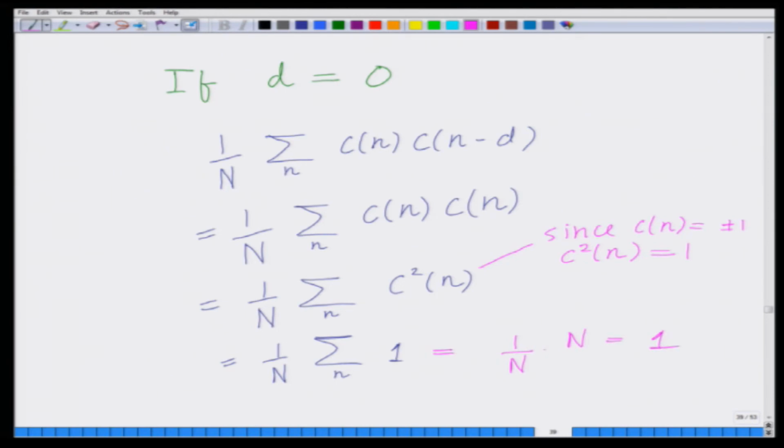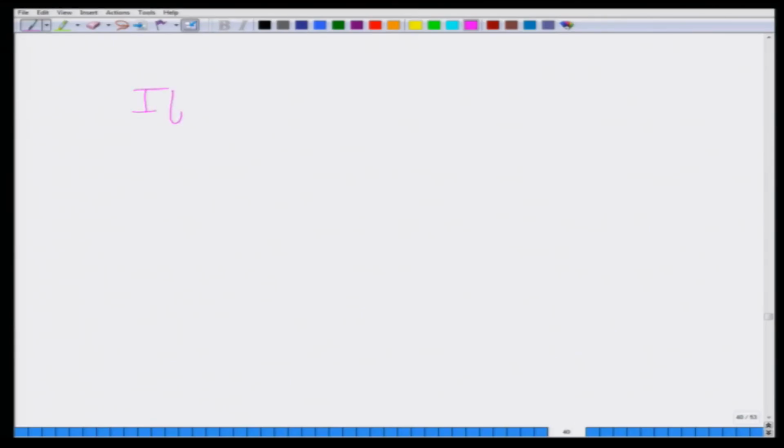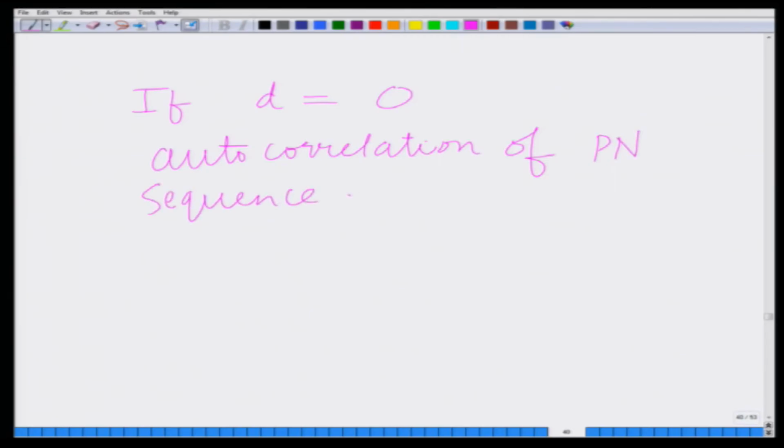So, if d is equal to 0, the autocorrelation or the self correlation of this PN sequence is equal to 1. Now, let us examine what happens if d is not equal to 0.